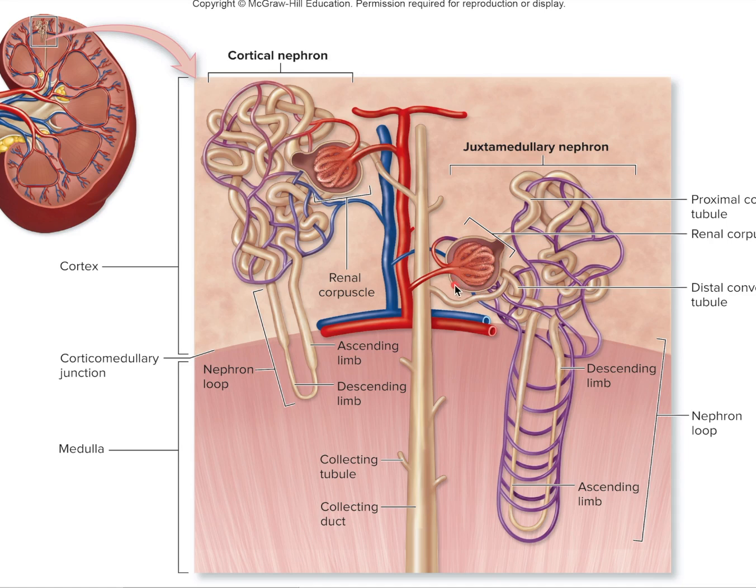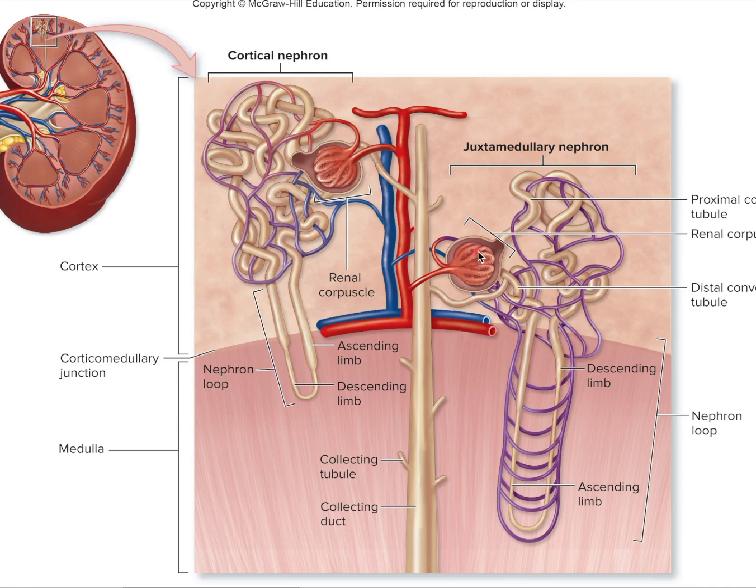And the capsule surrounding the glomerulus is called the glomerular capsule or the Bowman's capsule. So the combination of the glomerulus and the glomerular capsule is called the renal corpuscle.